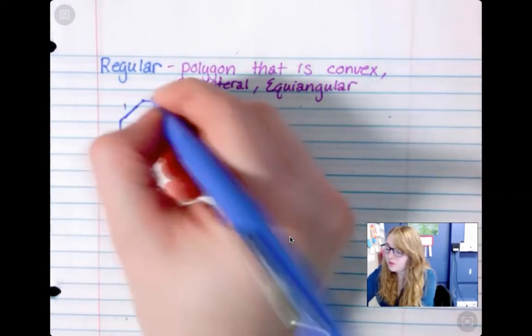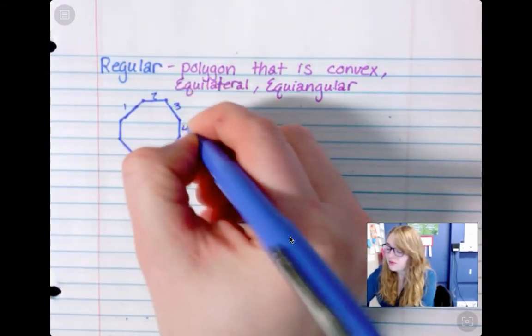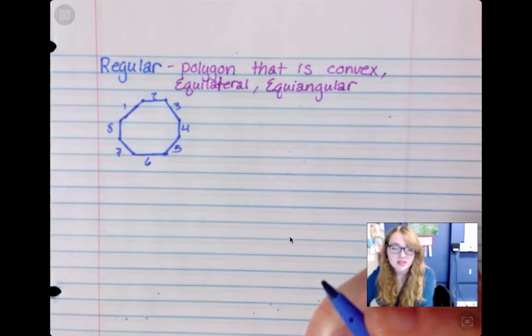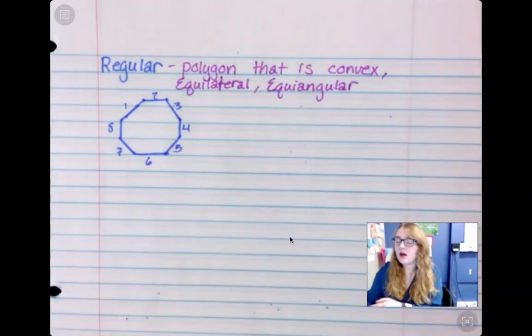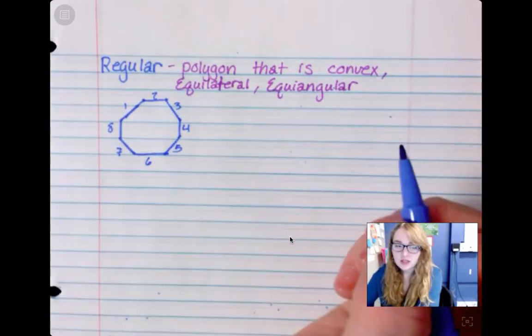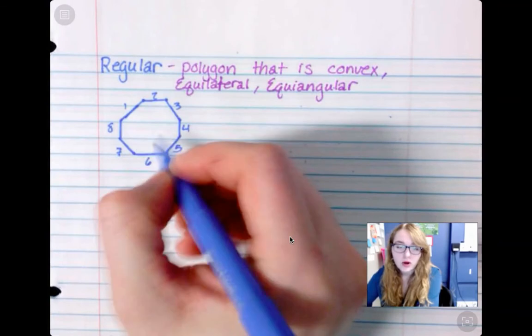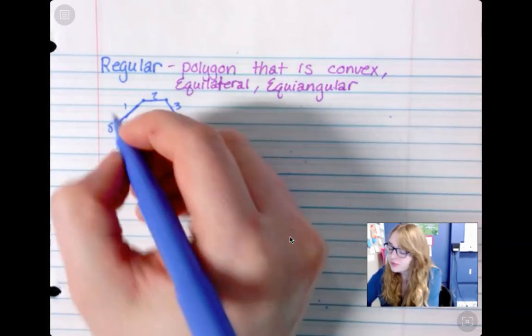Here we have 1, 2, 3, 4, 5, 6, 7, 8 sides, so this is an octagon. We can see that it is convex. None of the sides go through our interior here.